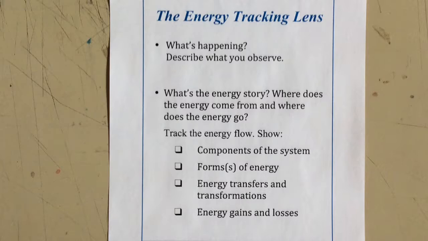During the passing of each string in the energy web model, you'll want to track the energy flow using the energy tracking lens. That will include describing the forms of energy that are being passed, energy transfer and transformations, and what component or organism is gaining the energy.